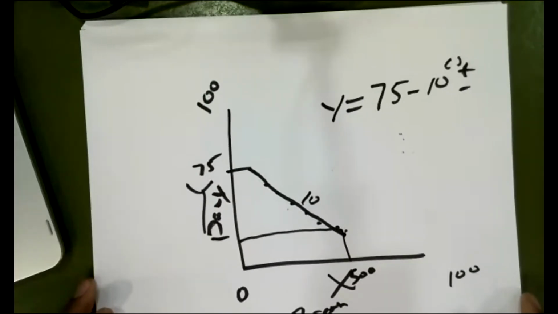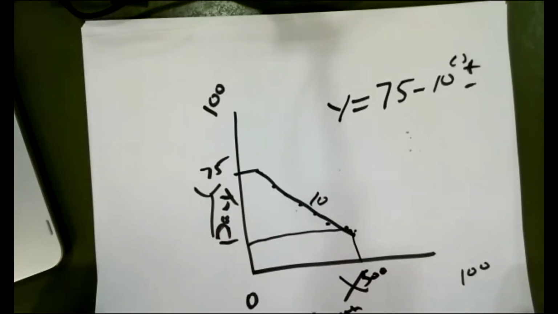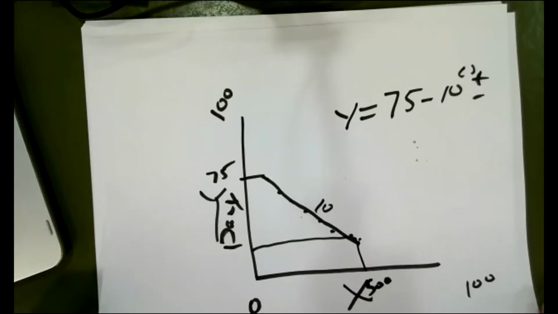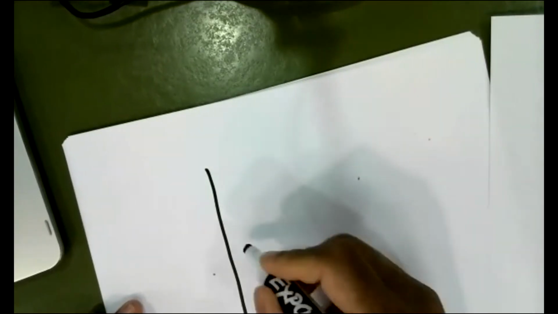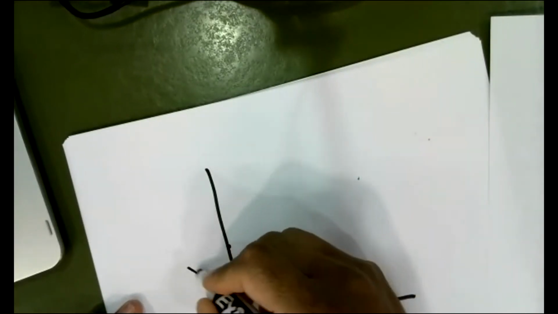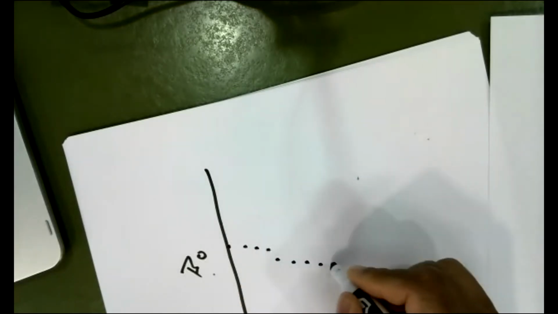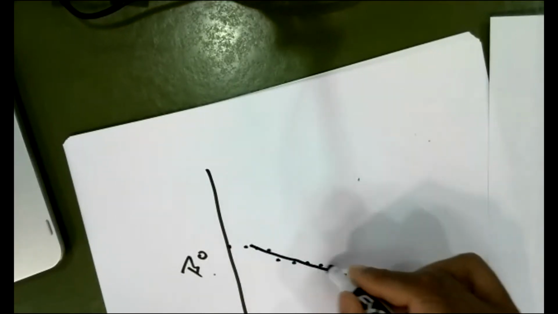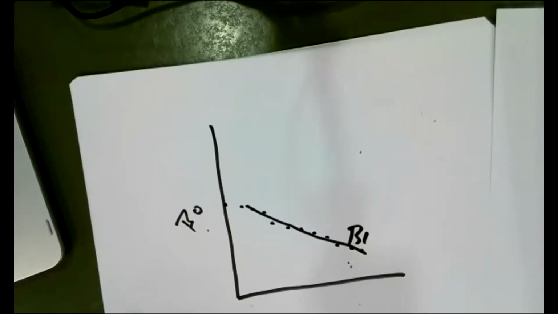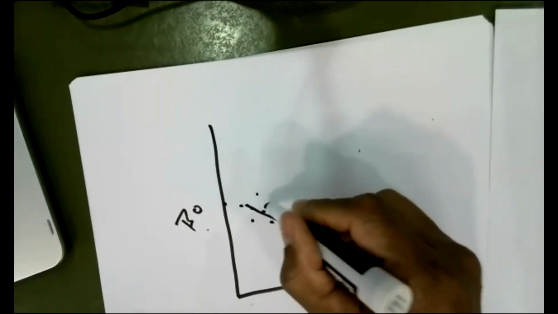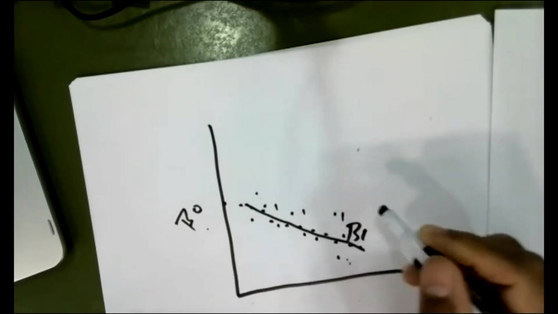Now when we look at the regression model, it tells us a couple of different things. One, we have an intercept, which we call B0. Then we have our slope, which we call B1. And from that slope, we have data points.